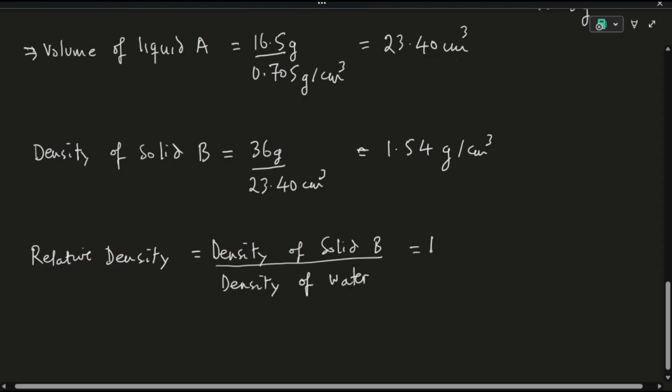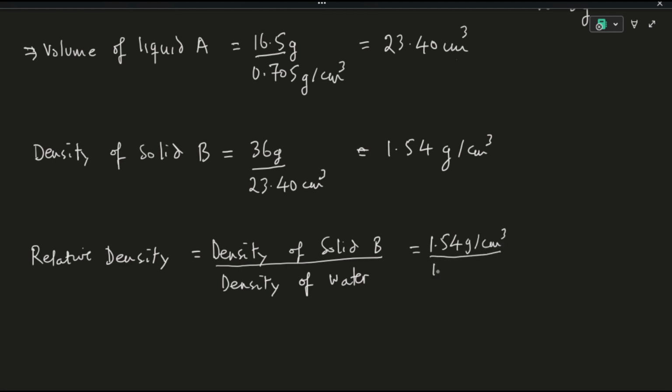So we're going to have 1.54 over 1. The density of water is 1 gram per centimeter cubed. So we have the relative density of solid B as 1.54. Relative density is a ratio and it has no units. So the density of solid B is 1.54 grams per centimeter cubed, and its relative density is 1.54.